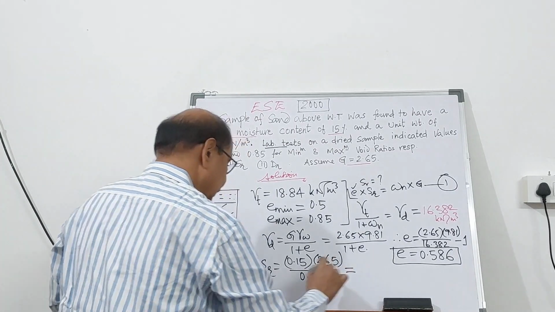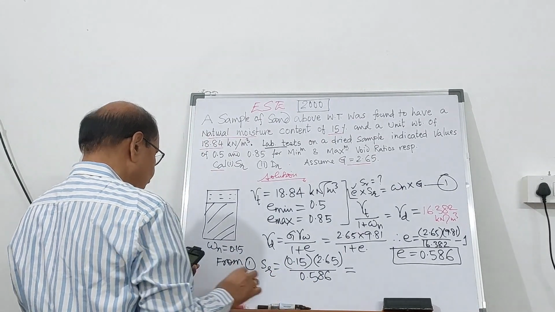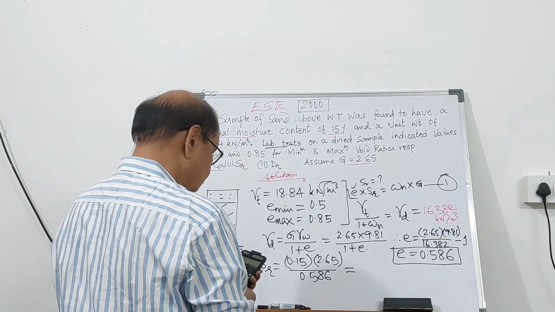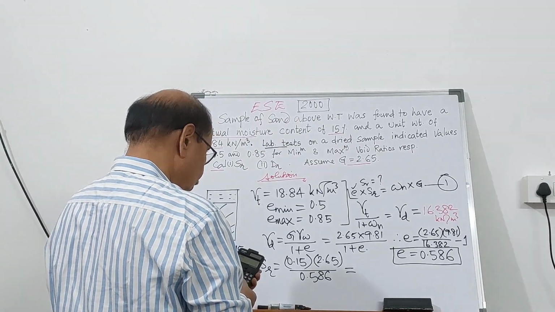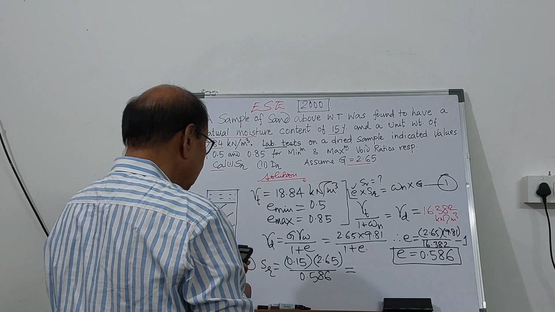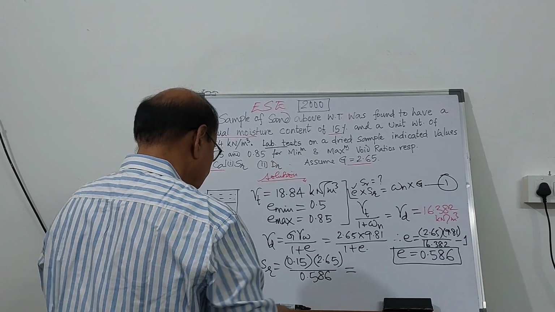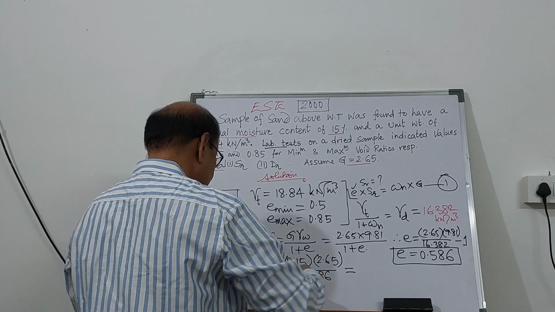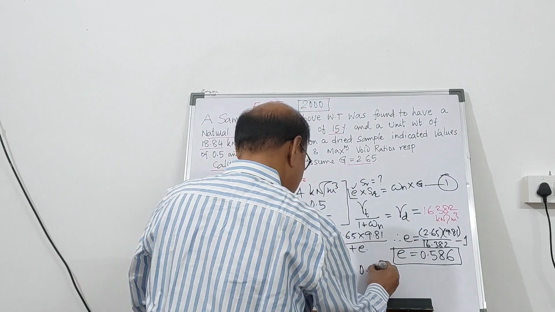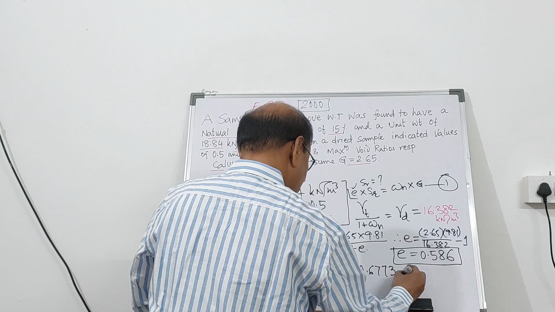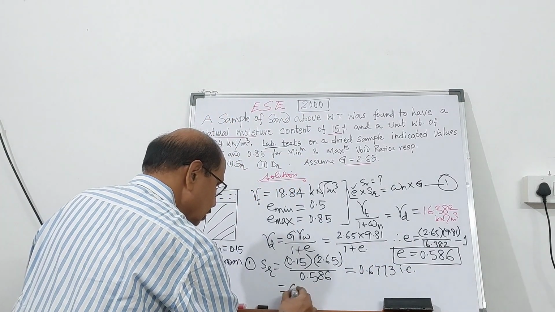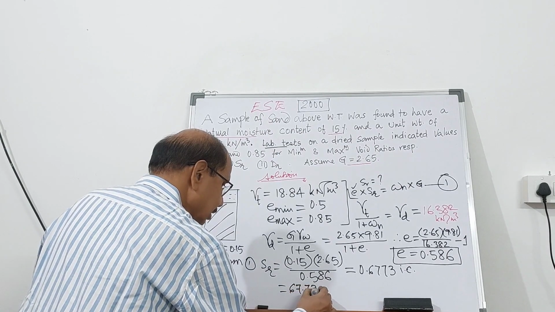If you simplify, it comes out to be 0.6773, that is Sr equal to 67.73%.